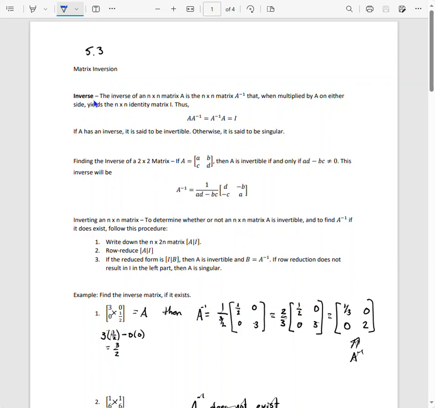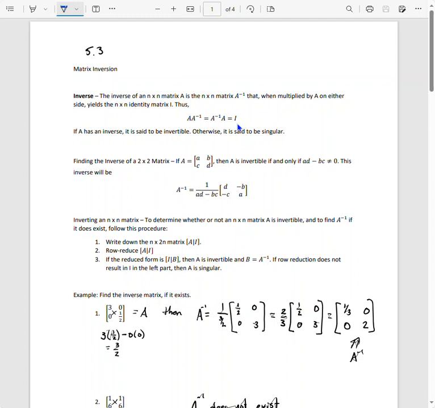Alright, so the inverse. The inverse of an n by n matrix A is also an n by n matrix that when multiplied by A on either side yields the n by n identity matrix I. Now, if I have 3, its multiplicative inverse is 1/3. 2, multiplicative inverse 1/2. 7/5 has a multiplicative inverse of 5/7.